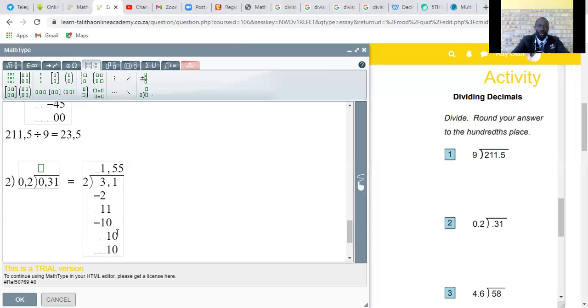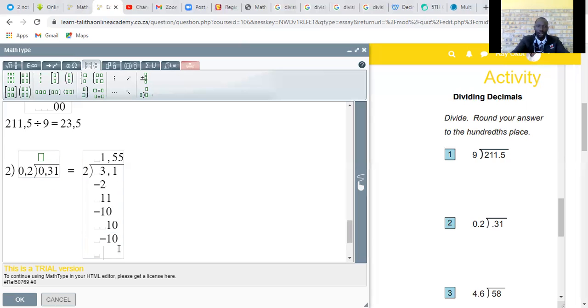And so we then subtract between the two. That one will give us 0. We don't get anything when we take away 10 from 10. And so we can therefore say, in conclusion, 0.31 divided by 0.2 is 1.55.